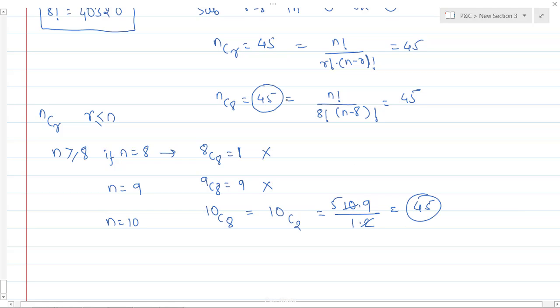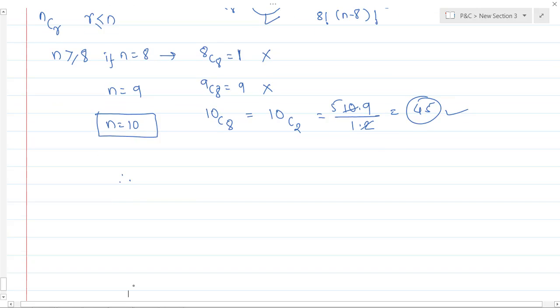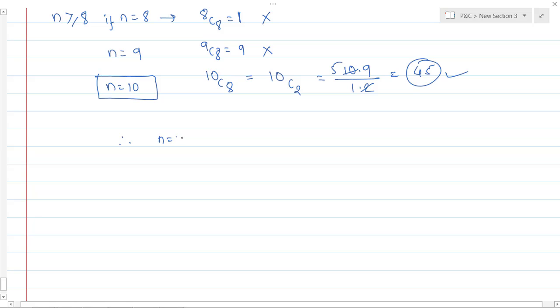Okay, so I wanted 45 and I am getting 45. So for what value of n you are getting 45? That is 10. Okay, so what is the value of n then? So n becomes 10 and r is 8. Therefore n is equals to 10 and r is equals to 8.